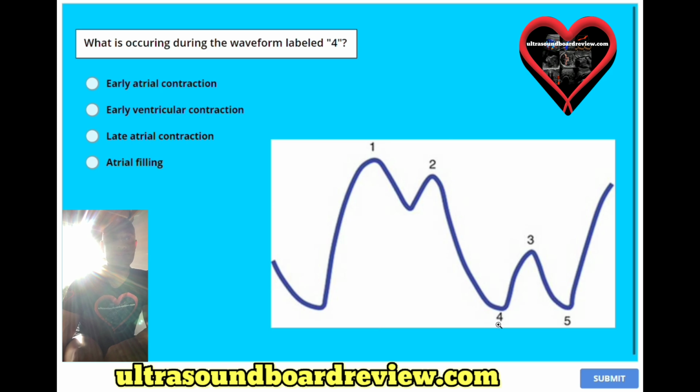So what is happening right here? The answer is D, atrial filling.